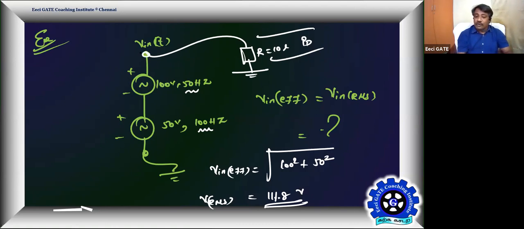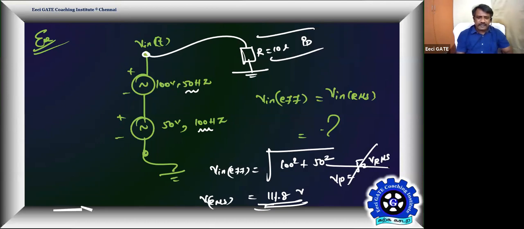So the problem is, don't go from this RMS to peak. RMS is known, so root 2 times RMS is our peak? No, don't do that. Don't say the peak value of the input is equal to root 2 times your RMS. Don't bring this concept into play. It's not valid. All of you getting this point?